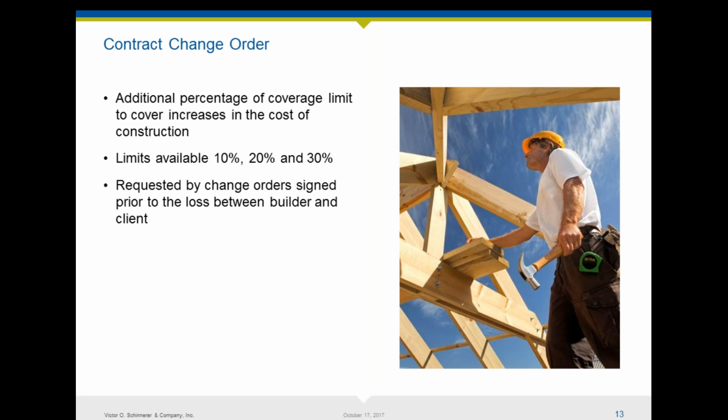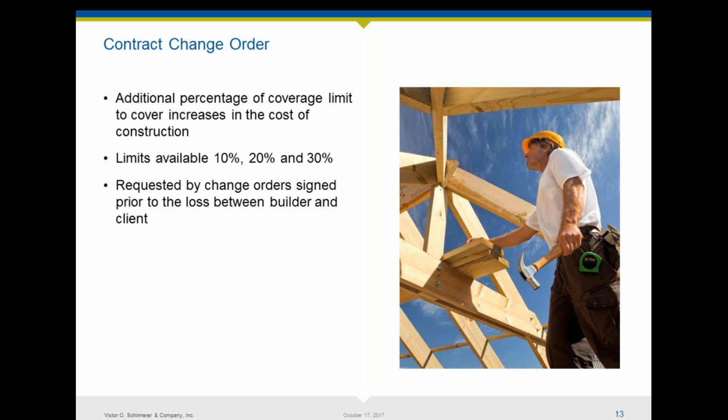Contract change order is something that frequently gets requested on our submissions. It's a great endorsement to add, and what it does is add an additional percentage of the coverage limit to cover increases in the cost of construction.